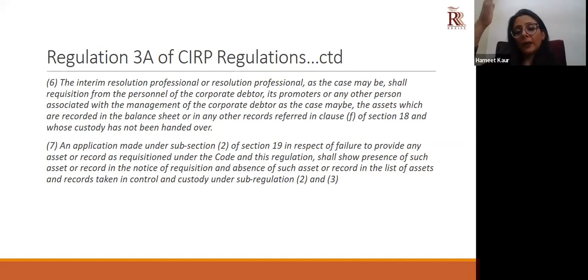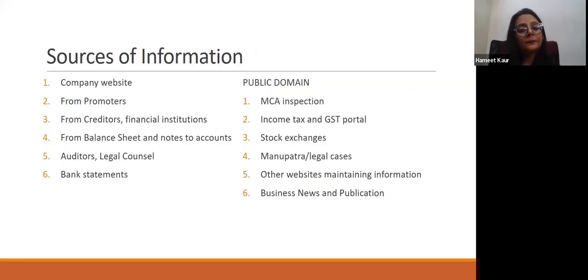Right, so we will prepare a list of requisition of the assets which came to our knowledge as per the balance sheet and the record, and in front of that we will prepare which have not been handed over to us, the absence of such asset or record, and that shall be annexed to the application to be filed under 19.2 if the need be.